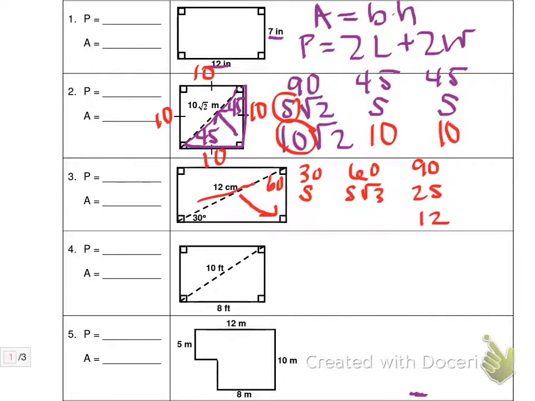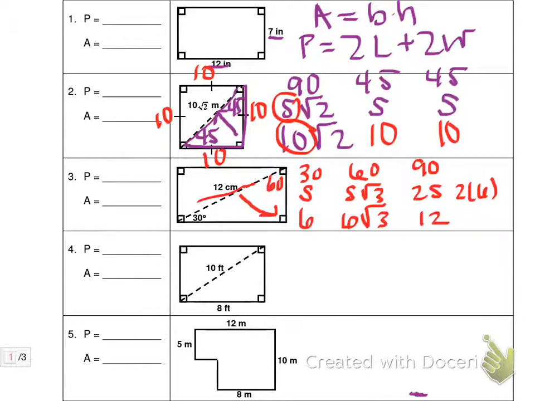So 2 times S equals 12. So basically this is saying 2 times what number gives us 12? 6. So 2 times 6 is 12. That makes 6 our S. And since 6 is S, then we can put our 6 here for S. And we have 6 square root of 3 across from 60.